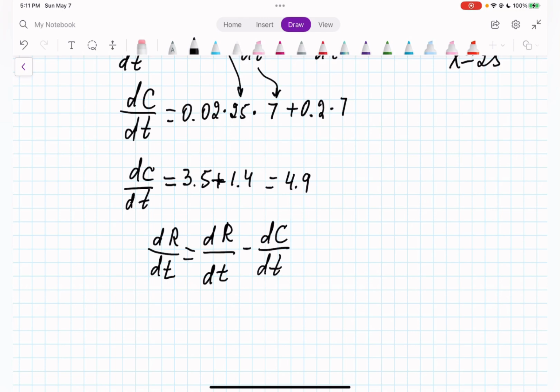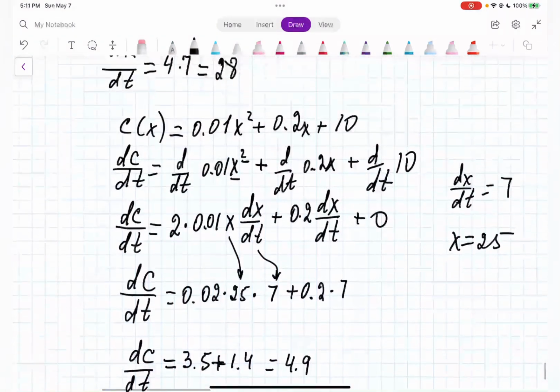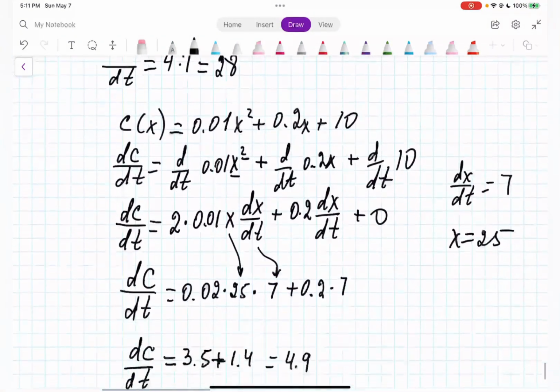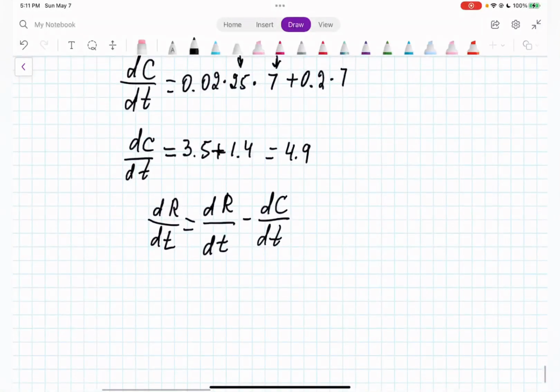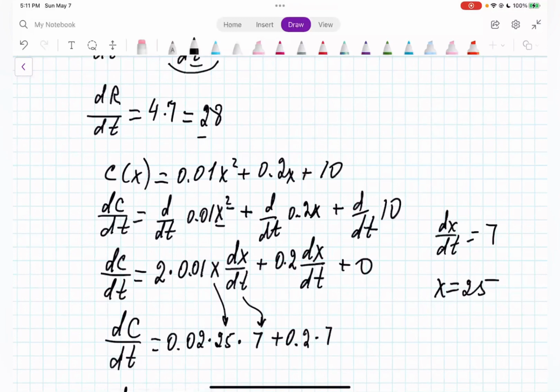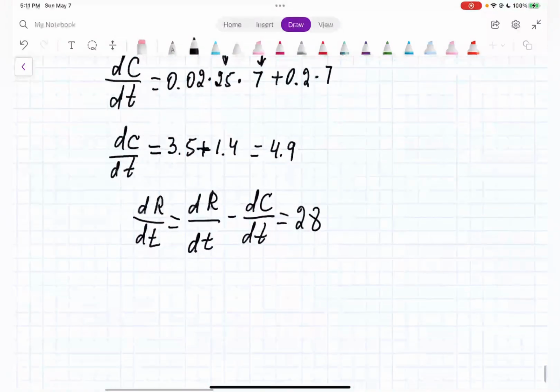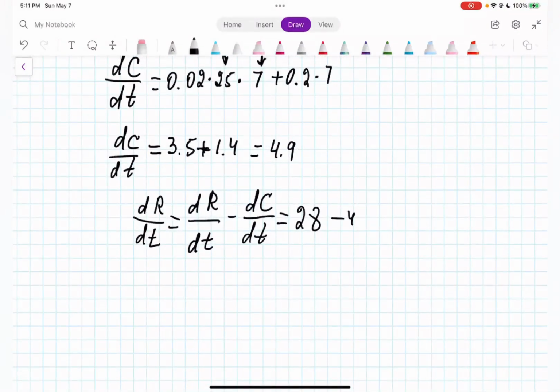So how much is our rate of change for revenue? 28. Well, here it is, and minus 4.9. So 28 minus 4 is 24, and minus 0.9 is going to be 23.1.